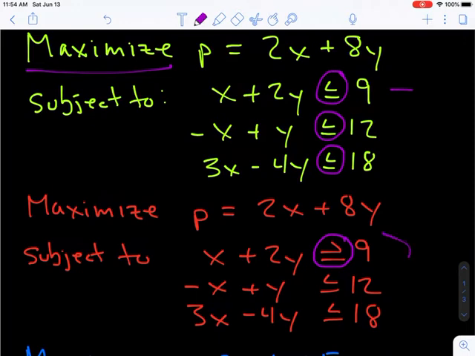These are now mixed constraints. So we have a maximization problem with mixed constraints, which tells us that we have a non-standard maximization problem. And once we identify that, we have to determine the method that we use to solve it.